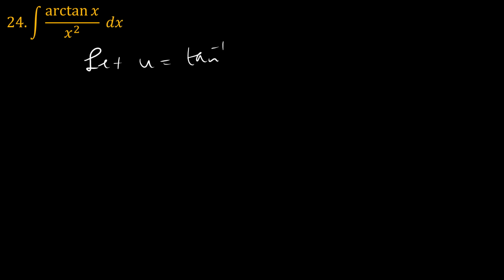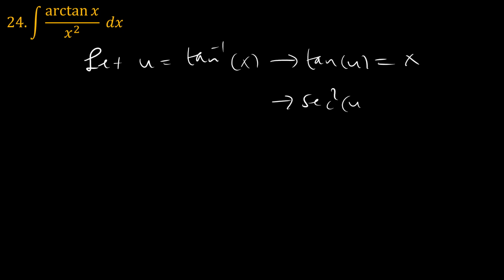Problem number 24, the indefinite integral of the arctangent of x over x squared. Let me try this. So let u be equal to the arctangent of x such that tangent of u is equal to x, meaning that sec squared u du over dx is equal to 1.